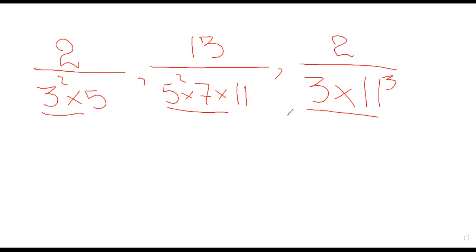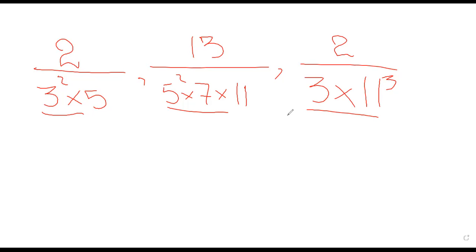One more thing for the explanation: the least common denominator, that is LCD, must be a multiple of the denominator of each of the three given fractions. Are you getting this? Take the factors of each denominator, that is 3, 5, 7, 11, to the highest power they appear.